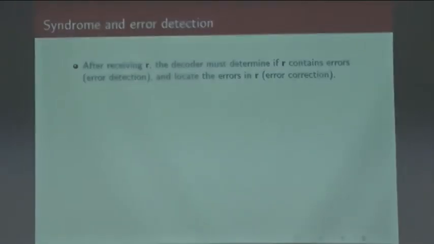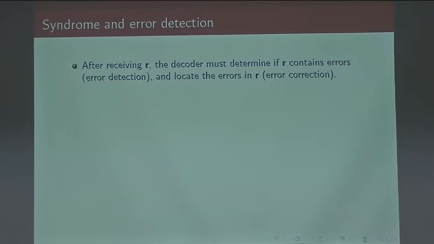Now the decoder unfortunately doesn't see E. It'd be easy if it did, right? You're trying to estimate where the errors are. If you could see E, you'd know where they are and you could just correct them. But all the decoder does is see R. And it has to determine, first of all, if there are errors in R or not. And if there are, it has to find out where they are and correct them.